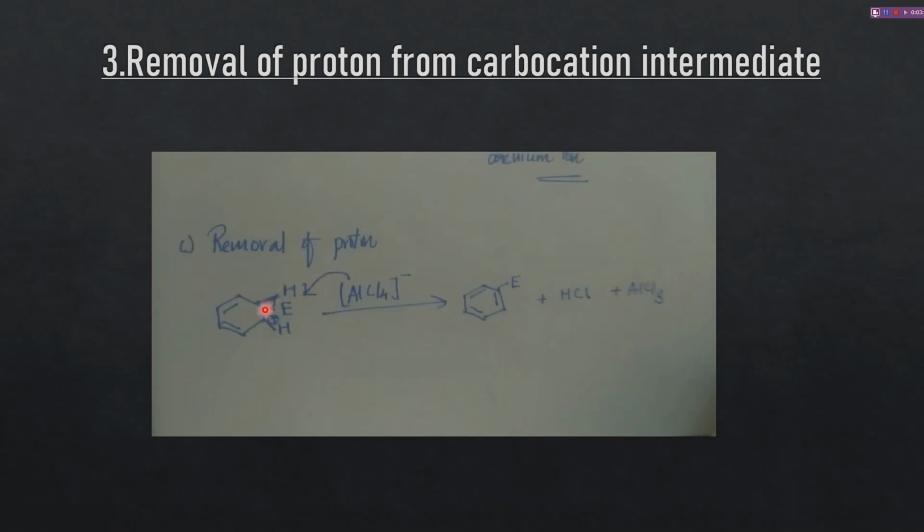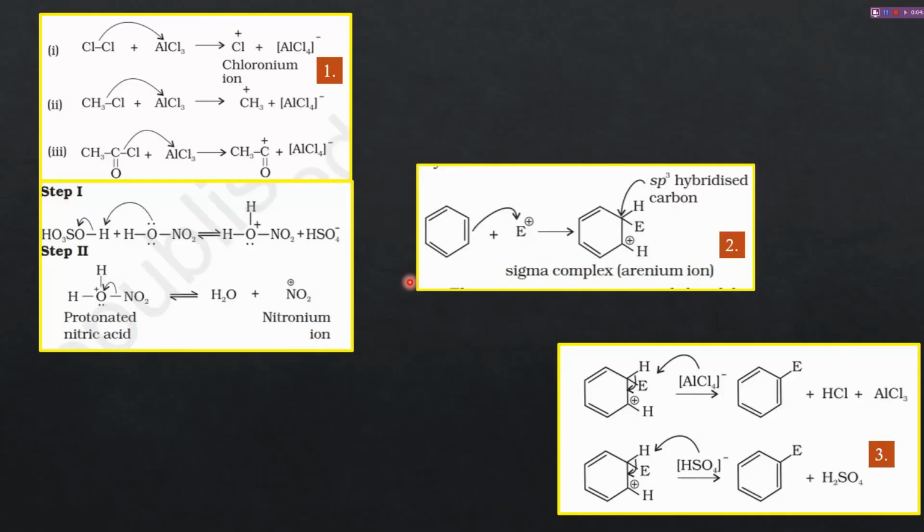This H plus combines with the Cl minus in AlCl4 minus and forms HCl, and again the Lewis acid AlCl3 is free. So the final product is obtained, that is the electrophile attached here, plus HCl and the free Lewis acid. So this is the mechanism of electrophilic substitution reaction.